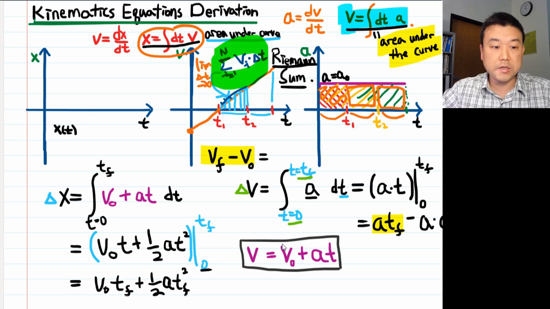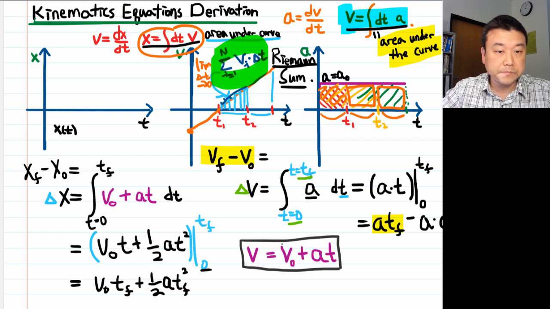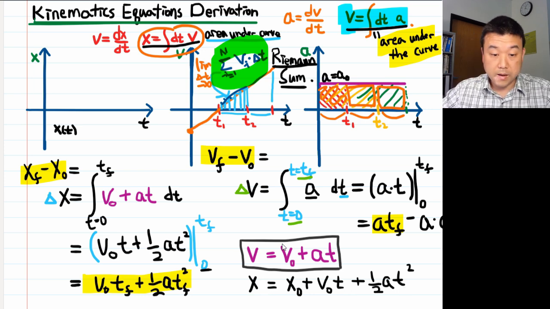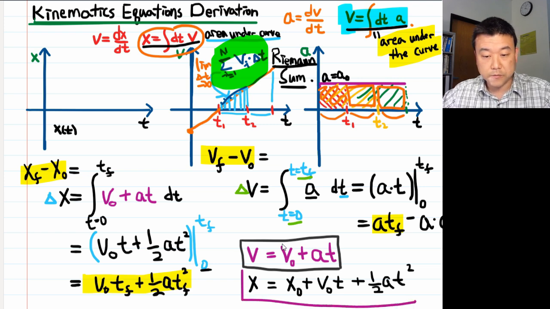It's the change in x. So what it should be is x final minus x initial. Take this left hand side and this right hand side, solve it for x final, and for presentation, get rid of this final subscript. And that's the kinematics formula for the position as a function of time.